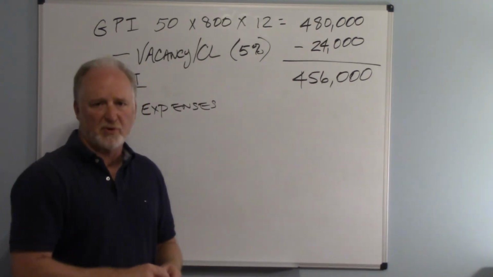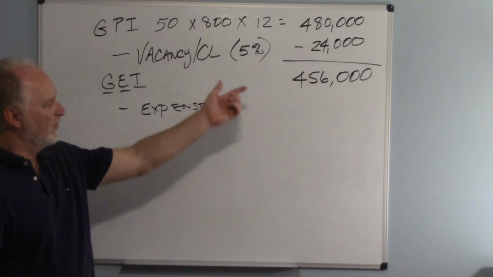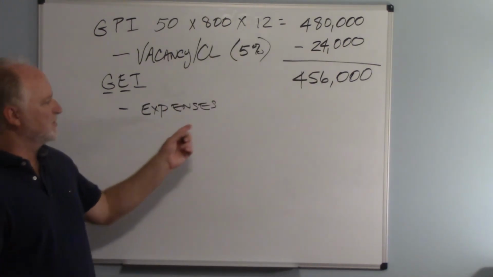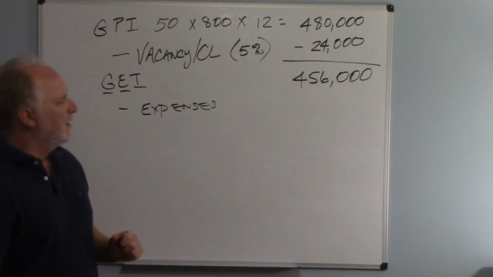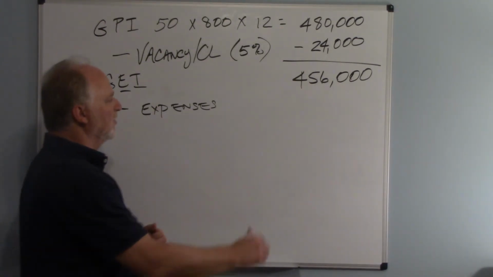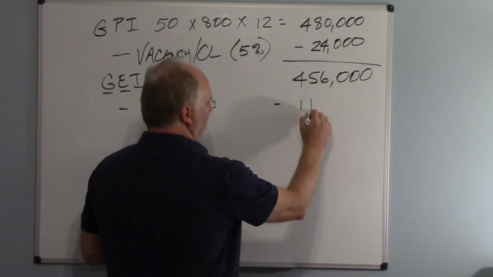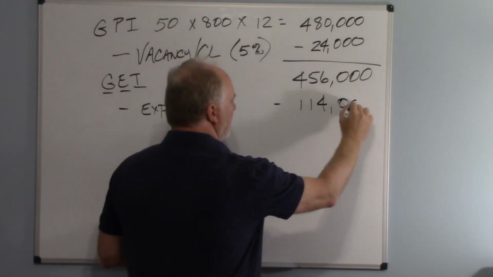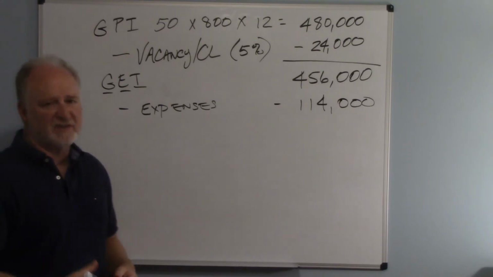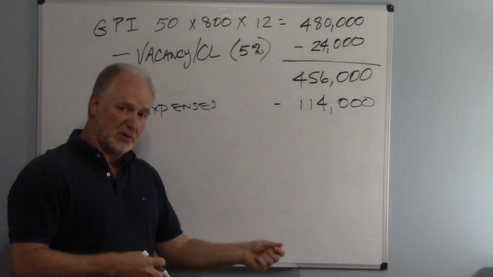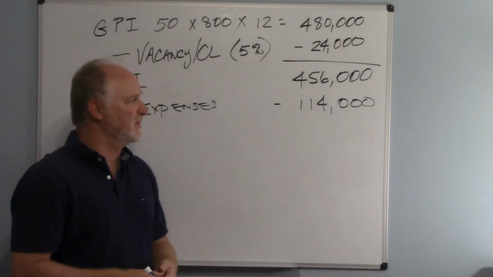I'm going to make up a number here that's probably around, I don't know, 25%. What's 25% of that number right there, Lisa? $114,000? Okay, I just made that up. $114,000. Obviously, in the problem, we will either give it to you or give you a way of determining what the expenses are.